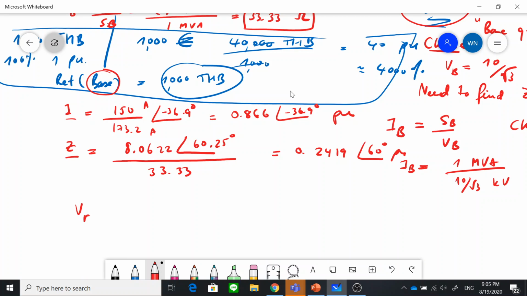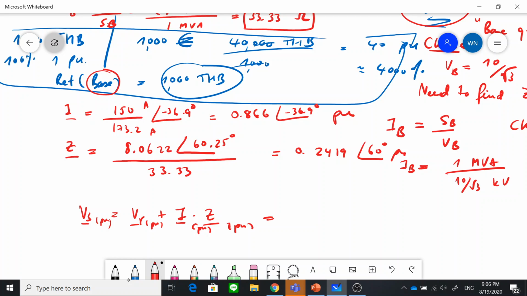You know that Vs is equal to VR plus I times Z. In the original equation from the last computation I showed you, V is in kilovolts, I is in kiloamps, and Z is in ohms. Now if it is in per unit, everything must be in PU.